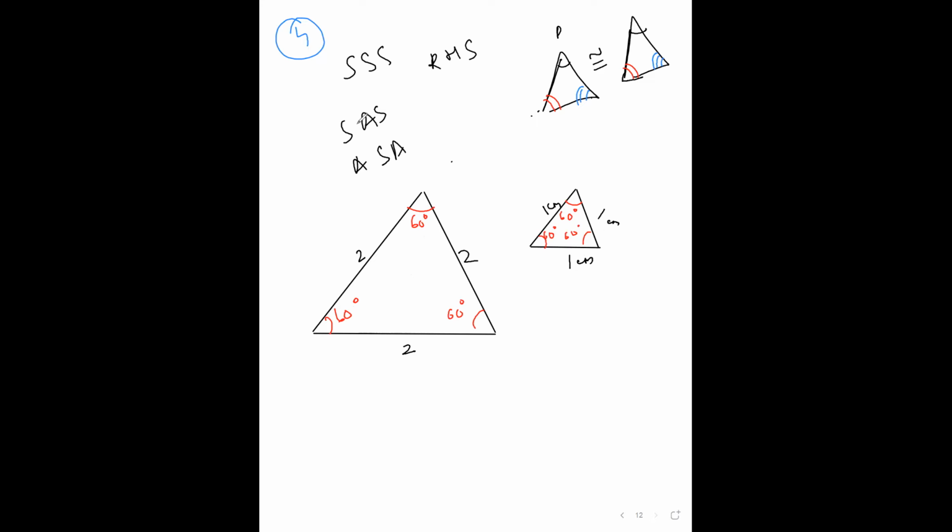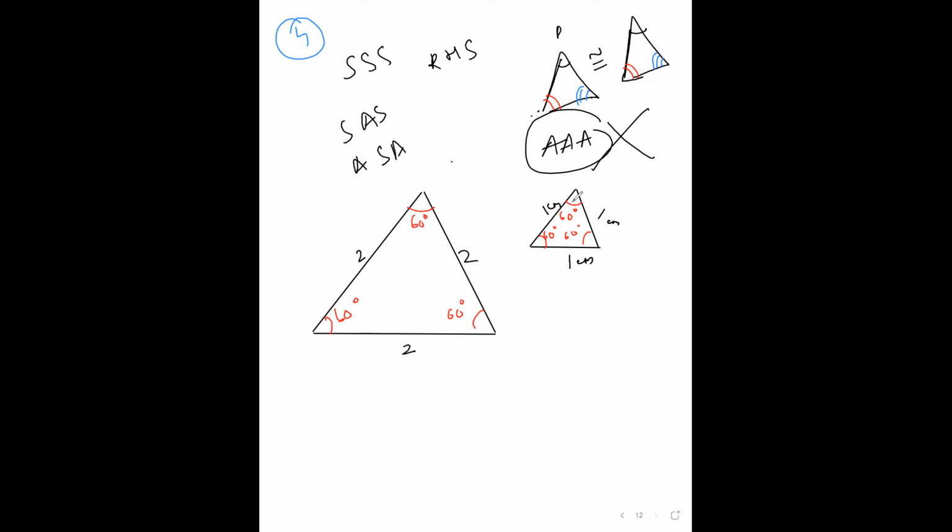No, because the sides are different. The sides are different, but the angles are all equal. Then we can't say that just because all the angles are equal. That is why there is no such thing as an AAA rule. Why?